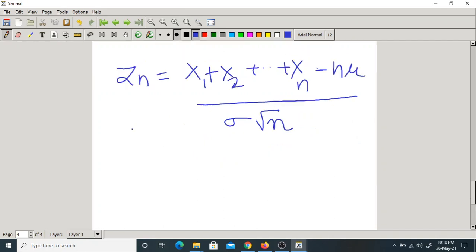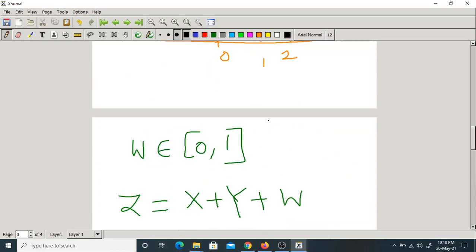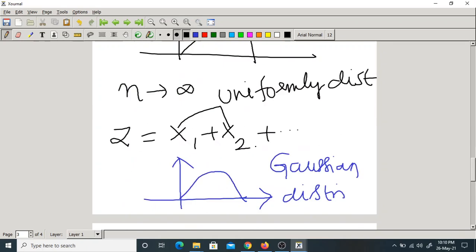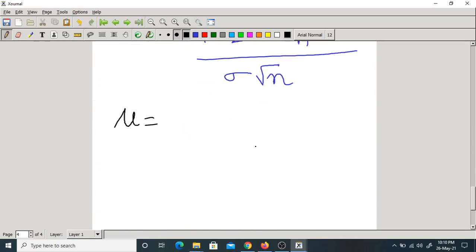But here, since they are uniformly distributed between 0 and 1, what is the mean mu? 0 plus 1 by 2, that is 1 by 2. What is the variance? (1 square minus 0 square) by 12, that is 1 by 12. Mean is 1 by 2, sigma square is 1 by 12.